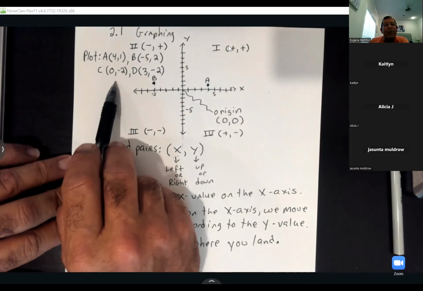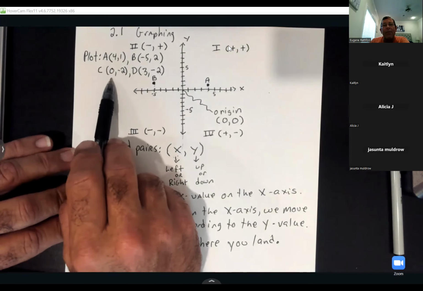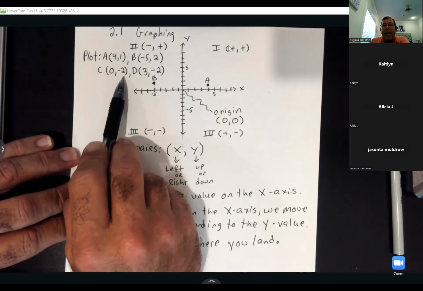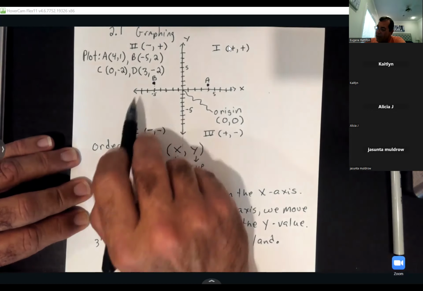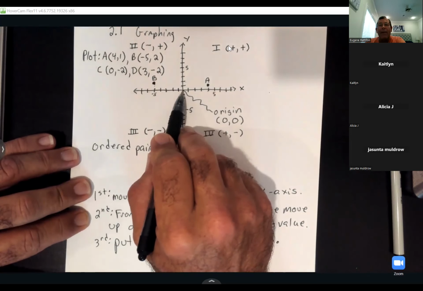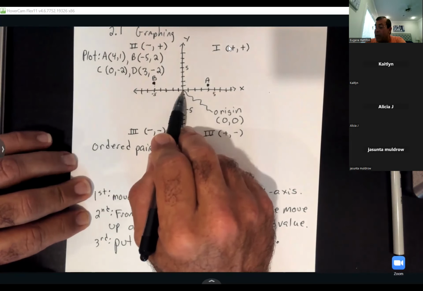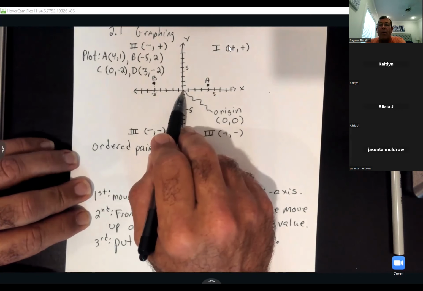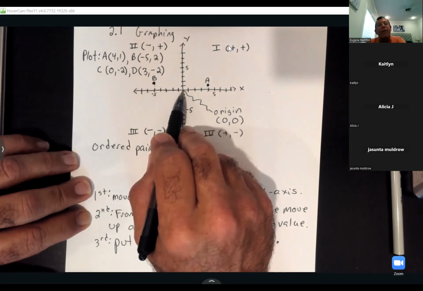All right, so C is a little tricky because C has a 0 for the x and a -2 for the y value. So we're on the x-axis in the center. Well, y'all, that center is where the x value is 0. So we do not move left and right on this one. We stay in the center. And then we look at that y value, which is -2.